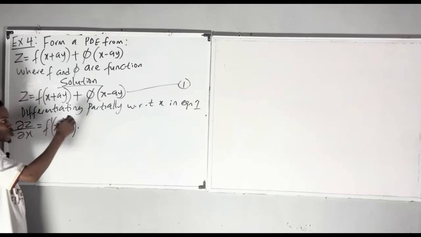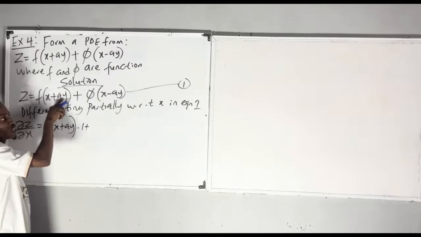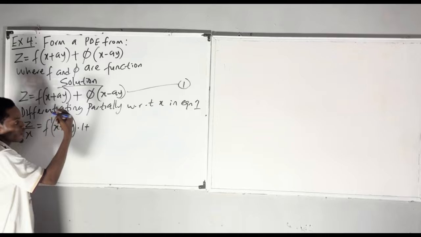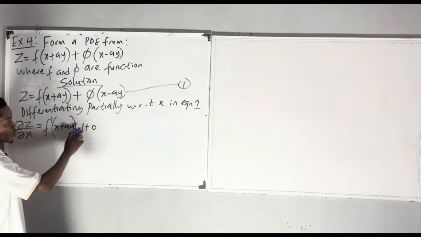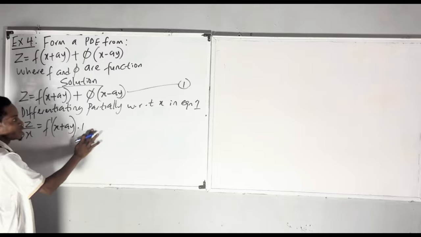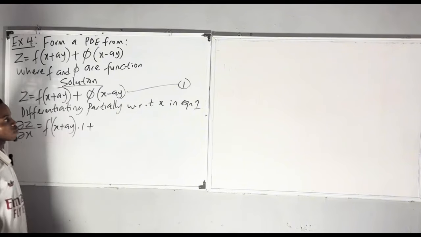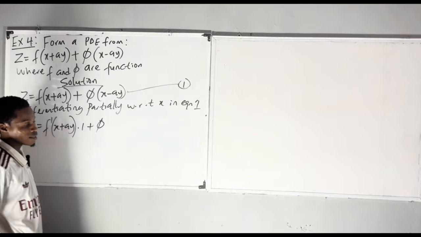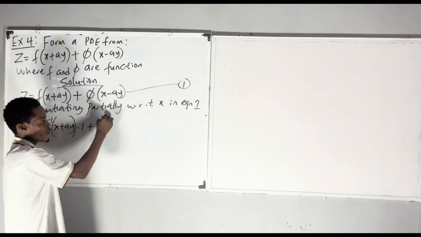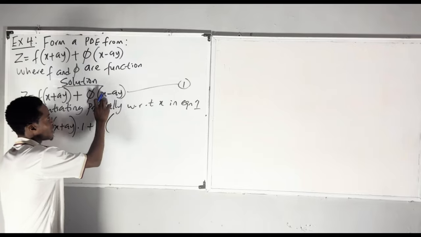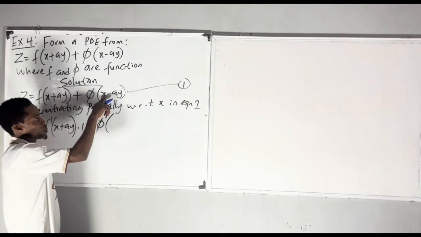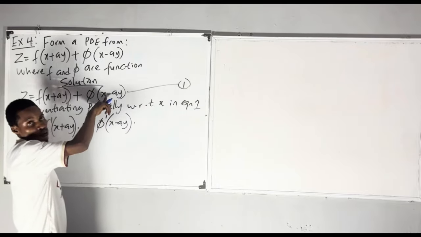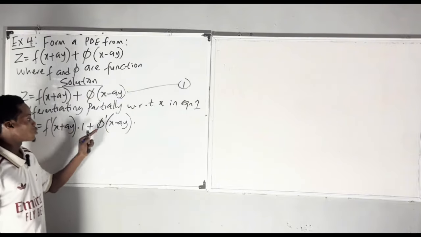If I differentiate x, I'm going to have 1 plus. If I differentiate a here, y is not a function of x, so it's going to be a constant. If I differentiate a constant, I'm going to have 0. That is 1 plus 0, so I'm going to have 1. Then plus, differentiating the Greek letter phi, I'm going to have phi prime, x minus ay, multiplied by the derivative of what is inside the bracket with respect to x.